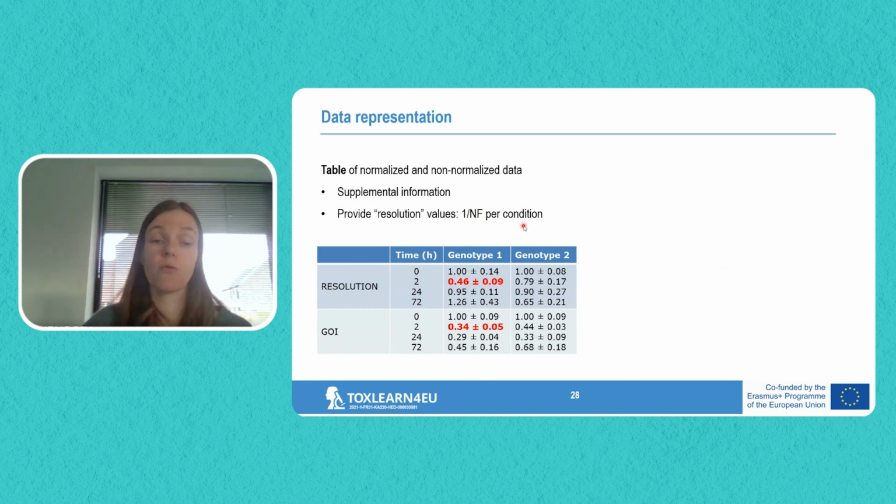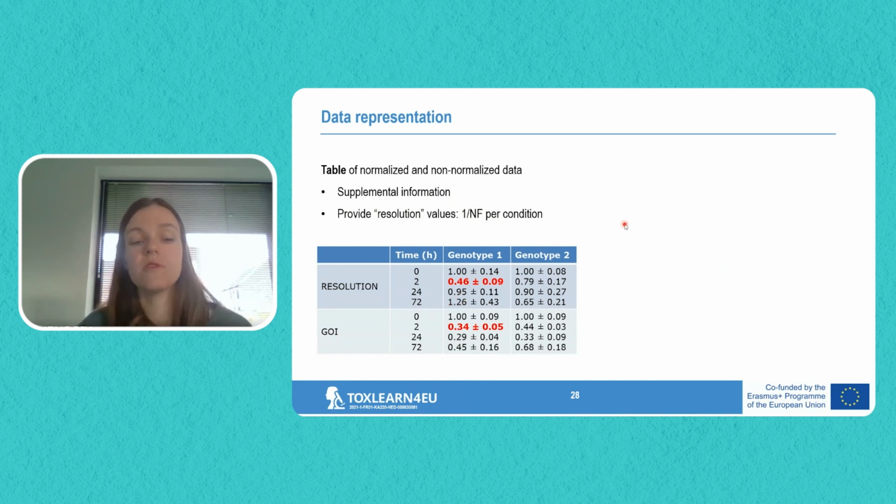And remember that 1 over normalization factor is the value that you multiply the RQ values with in order to normalize them. So this means, in this example here, you see here a resolution of 1, here a resolution of 0.95, here a resolution of 1.26.